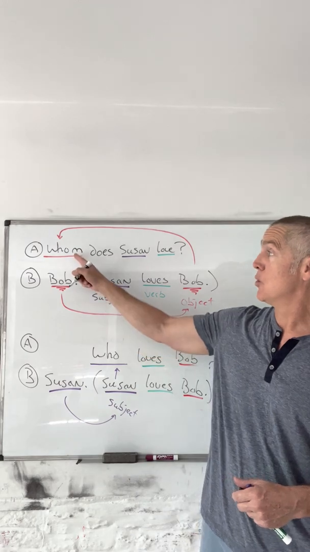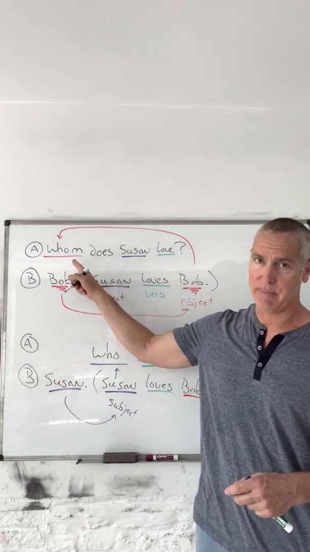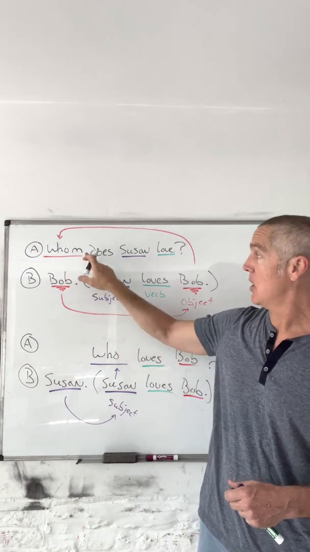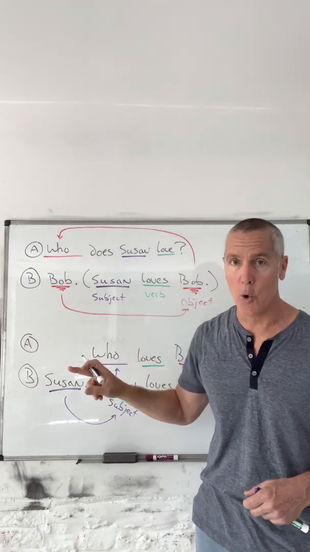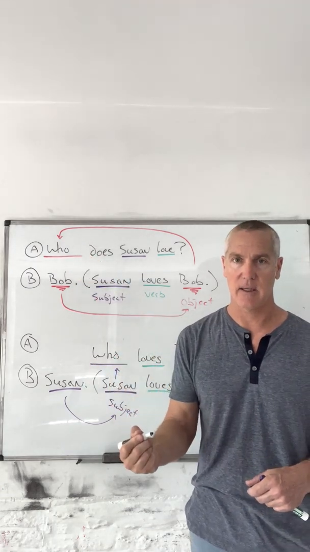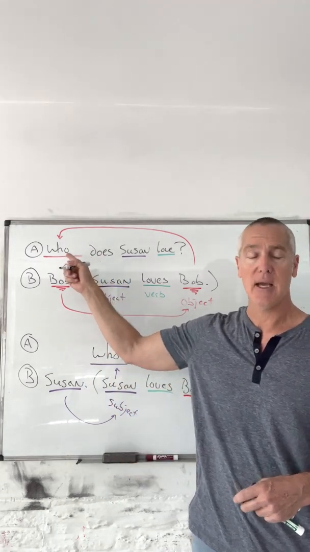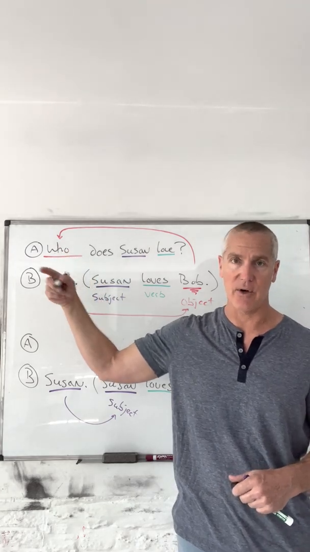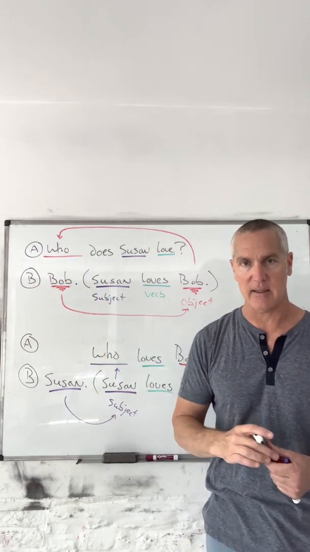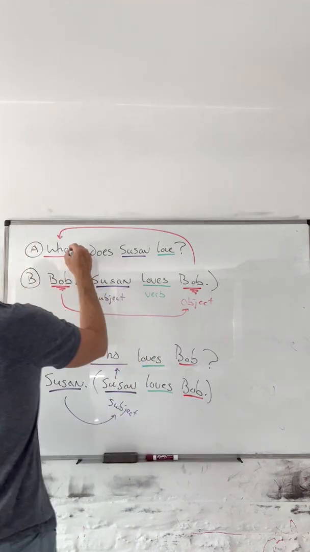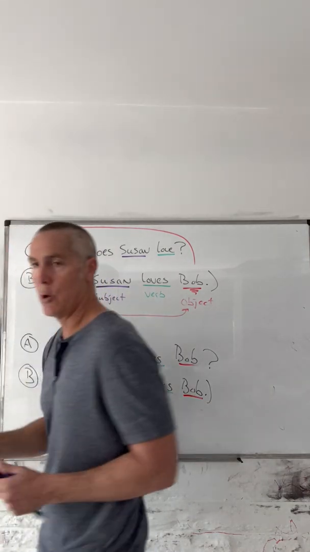We can use whom as an object only, and we can also use who as an object. And that is, again, probably more common in standard, everyday, informal context, but it sounds really nice when you can use whom correctly.